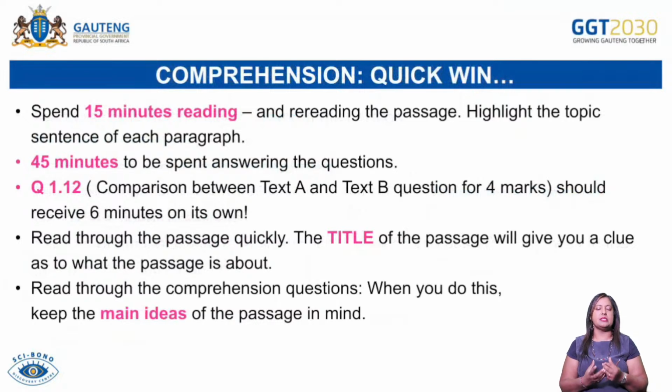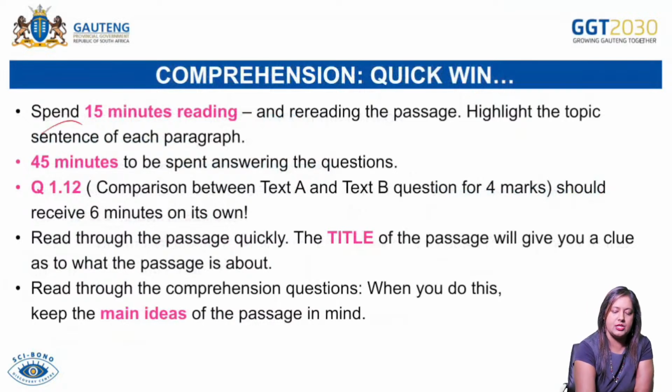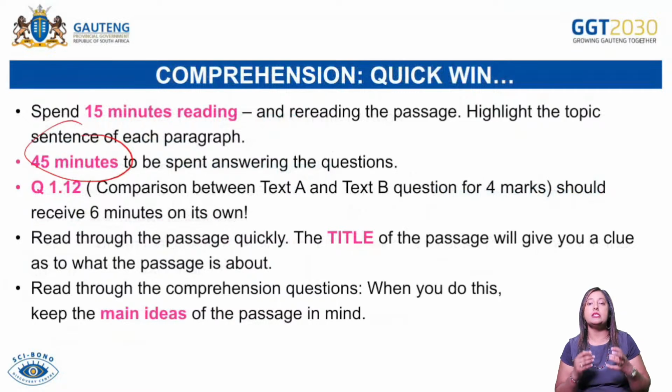Then the 45 minutes is important because here I want to say to you that you're going to be spending 45 minutes to answer the questions in the comprehension. All right, so that is your target for time allocation. Then look at the question 1.11 or 1.12, the last question. Remember, this used to be 4 marks. It's now brought down to 3 marks, okay?